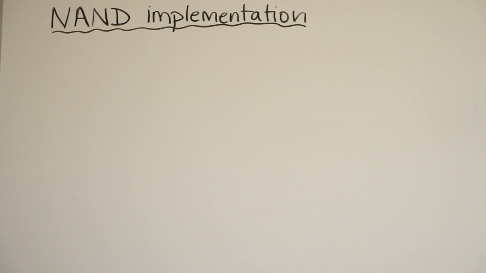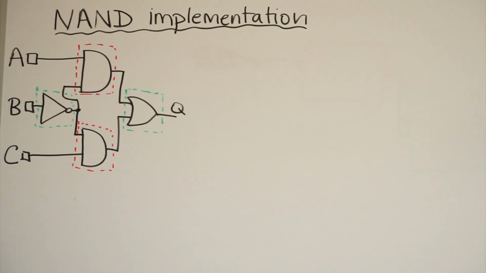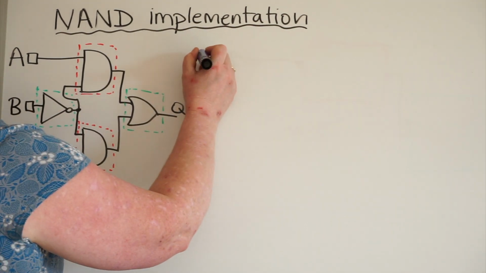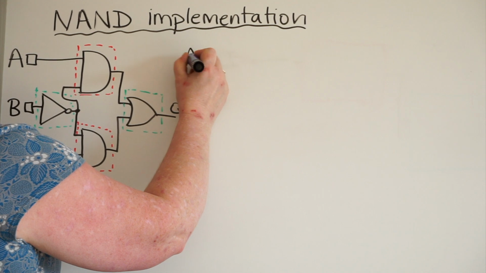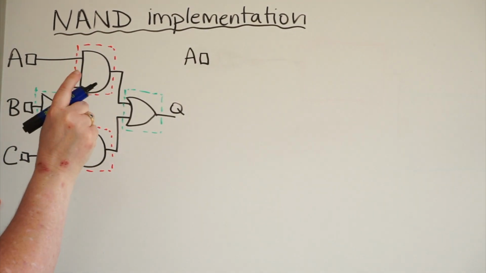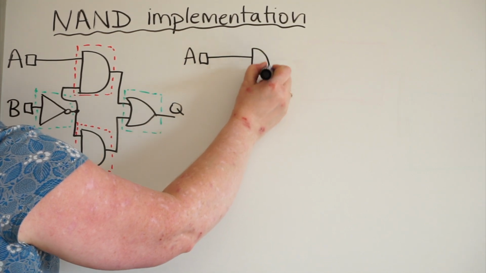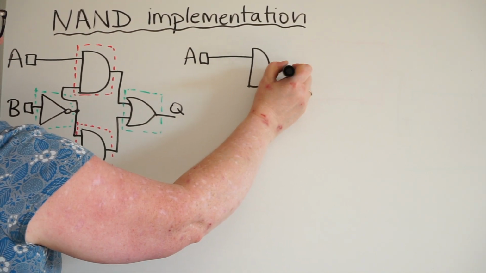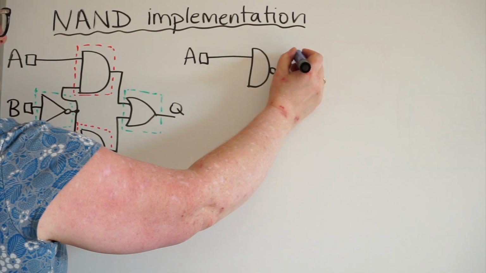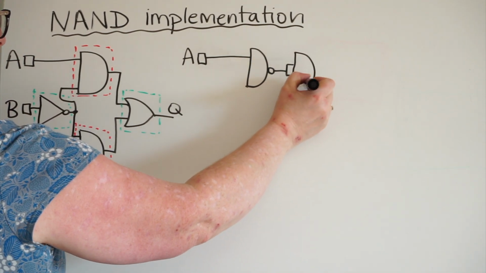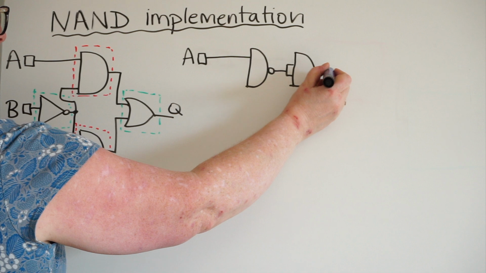So when you look at page 38, we replace each logic gate in turn. If we start with input A, this is an AND gate. So the equivalent of an AND gate is a NAND gate followed by the NAND gate with the 2 inputs connected together, the NAND inverter.